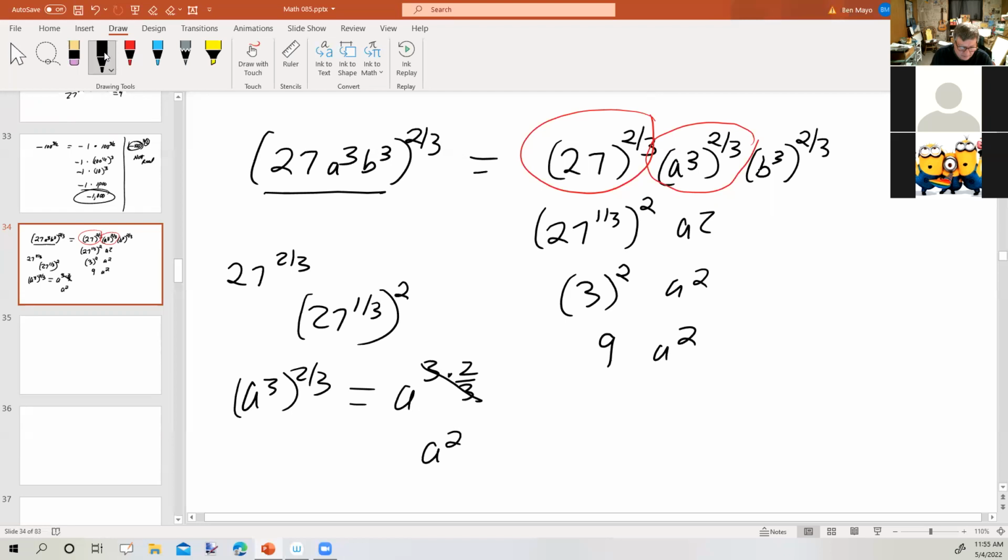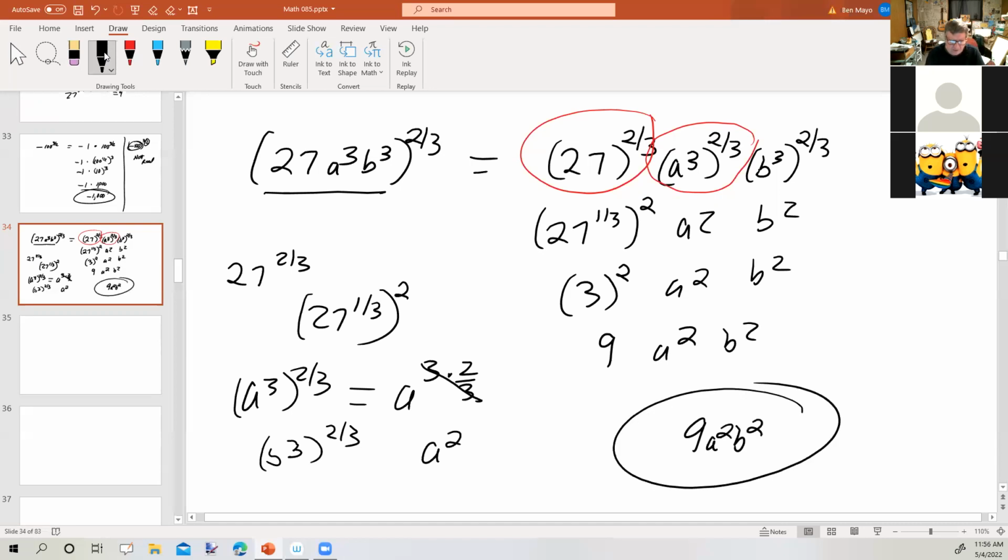Okay with that? Yes. And then b cubed to the 2/3 power is going to be the same thing. So we get 9a squared b squared as the final answer. All right with that?